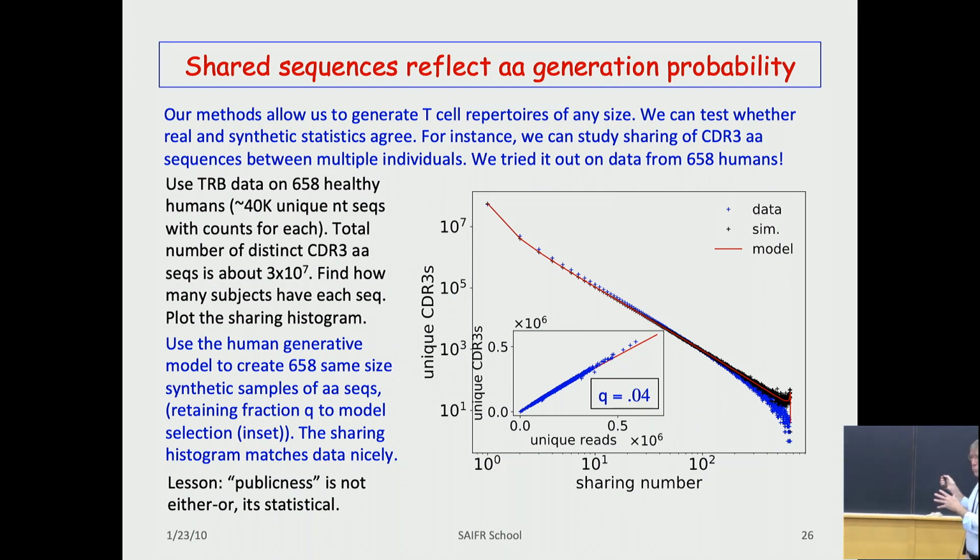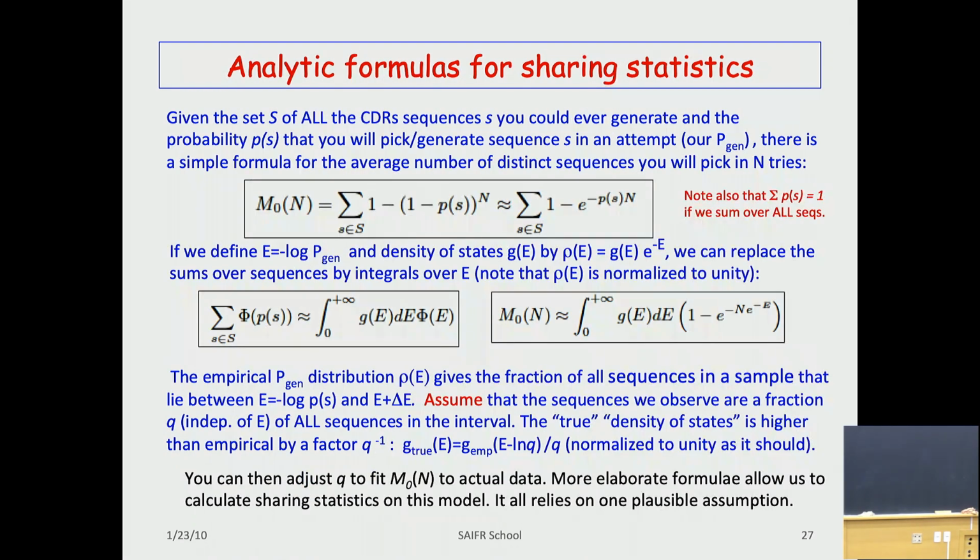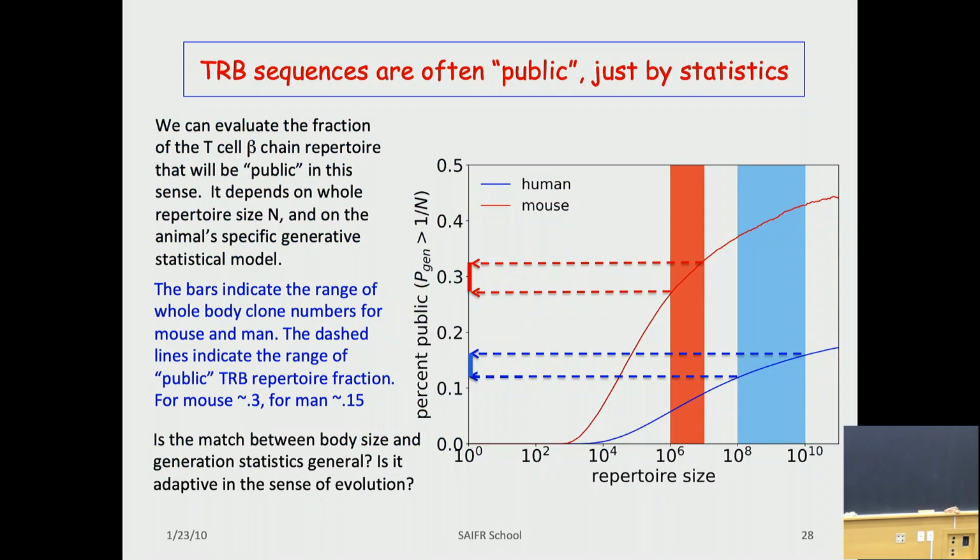And I'm trying to tell you that there are things that you can do that appear to be plausible, appear to agree with what actually happens well enough so that you could perhaps take this to the next step, whatever that next step is. Okay, there's a lot of fun stuff that you could go through. You can analytically compute all of these sharing statistics if you're so inclined. You learn a lot about how the whole thing works when you do this, but I don't have time to do that.